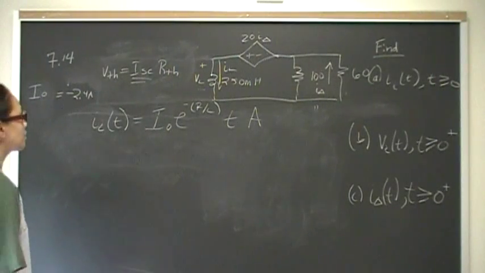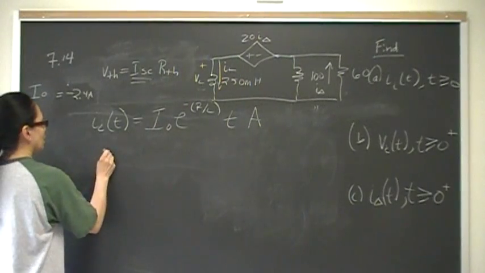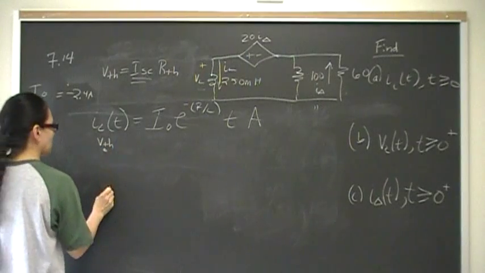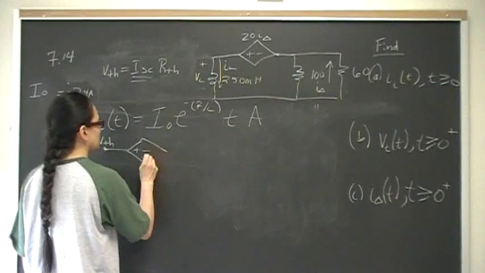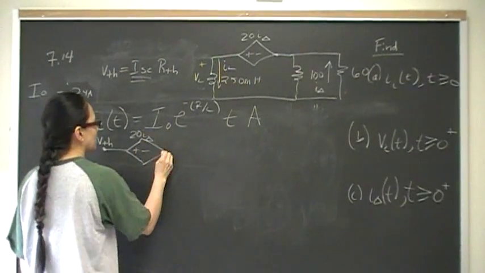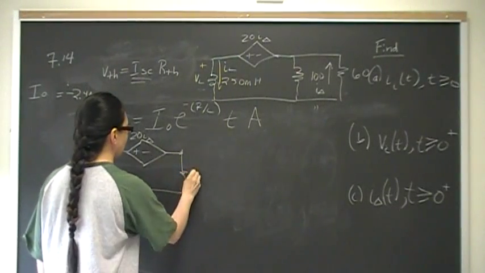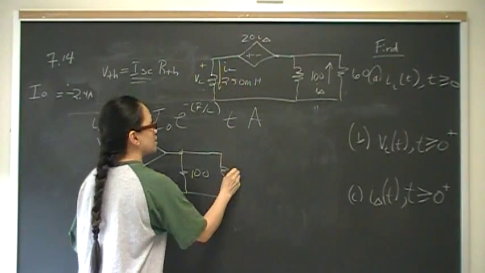So now let's redraw that. We're going to open the inductor right here. This is our V Thevenin, right? So now we've got a plus-minus 20 I delta, and then we've got 100 here, and then we've got 60 here.